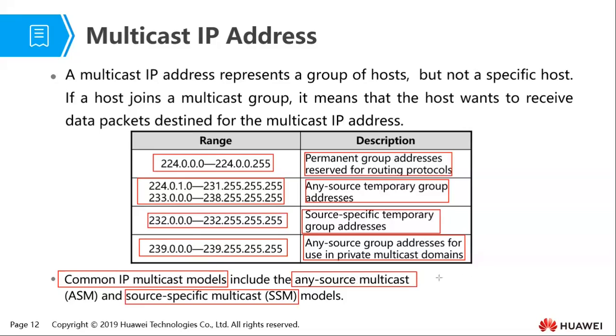We might have several servers which might act as the source of a multicast packet: server A, server B, server C, server D. If we have a receiver here with any source multicast, they do not know where these servers are, and they cannot specify that they want to receive packets from a particular source. On the other hand, with source-specific multicast, the receiver can explicitly decline multicast packets from the other sources and specify that they want to receive multicast packets from that particular source. So that's the difference between any source multicast and source-specific multicast.